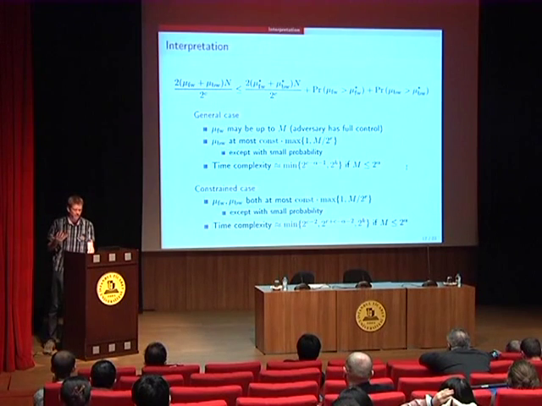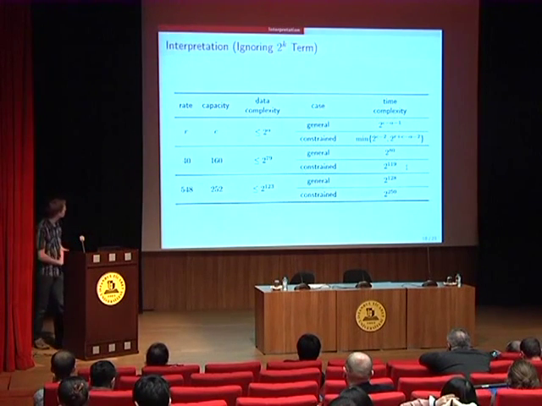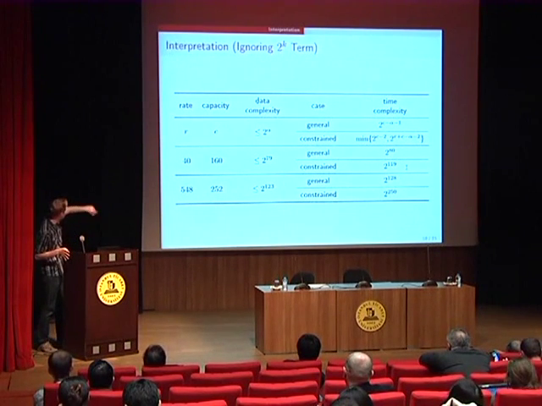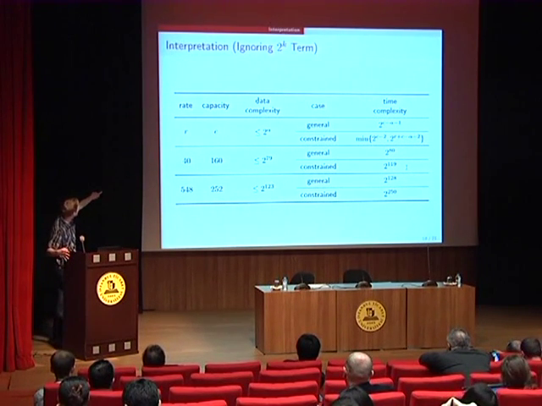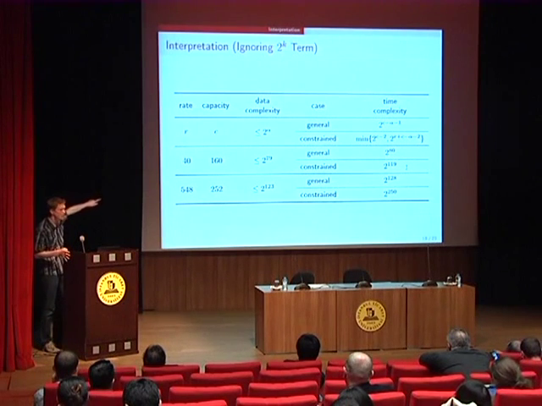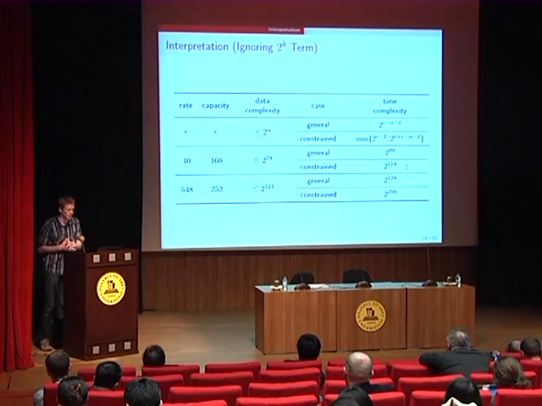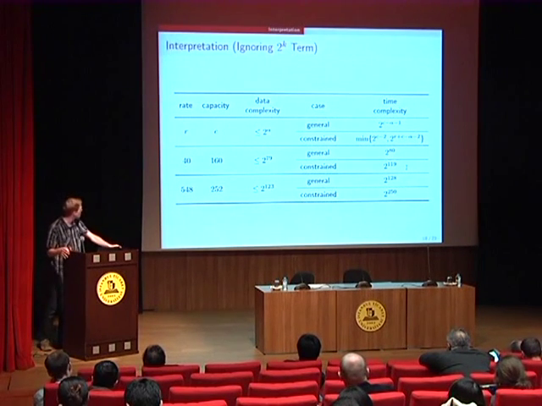And if you look at some concrete examples, we see the bounds as follows. So the first row is the general bounds. The second row has a rate of 40 and a capacity of 160. This is, for instance, the case of the sponge with a 200-bit state. It's also used in the Primates design.